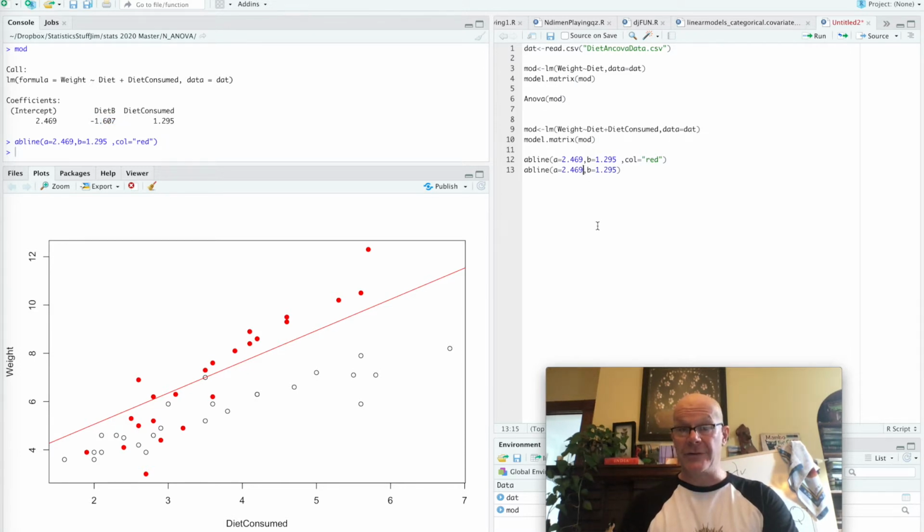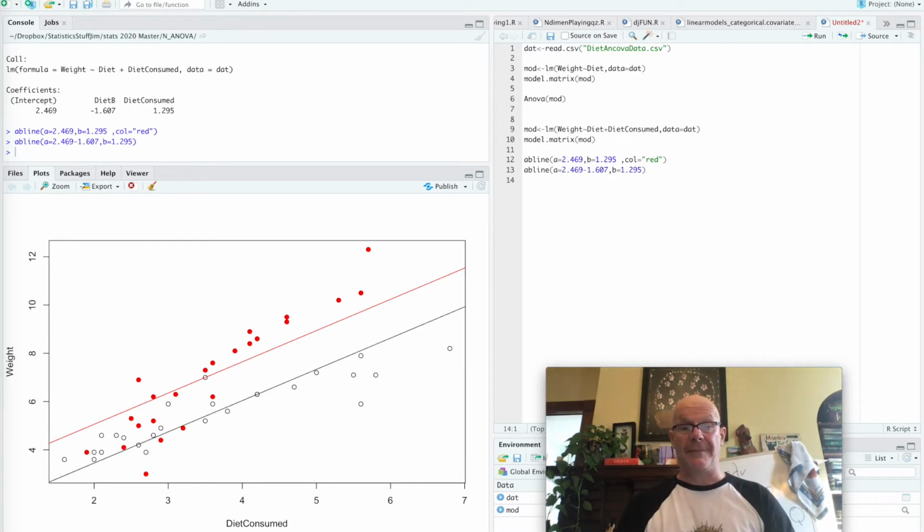On average, on diet B, according to this model, you weigh 1.607 less than you would weigh on diet A. And so I'm going to go ahead and say 2.469 minus 1.607. The slope stays the same. Everybody has the same slope here. So I'll go ahead and do that. And now that is the line that's describing on diet B.